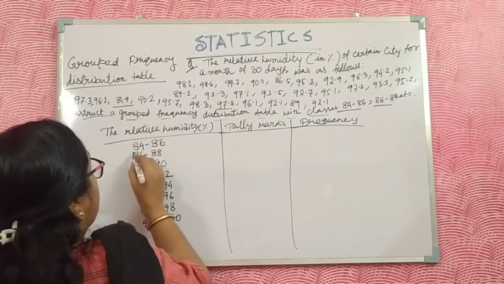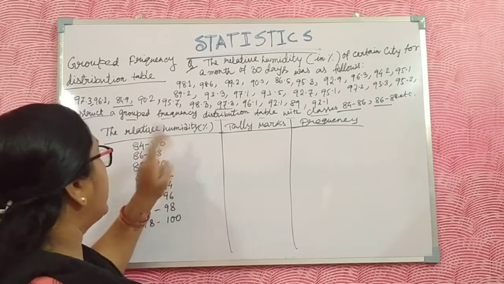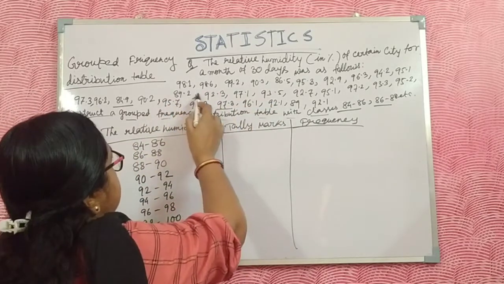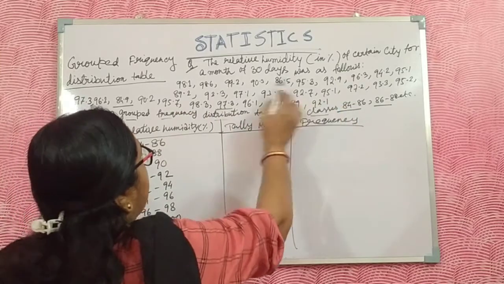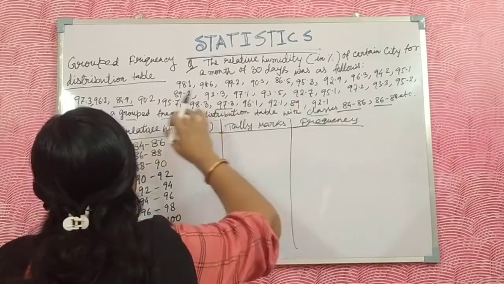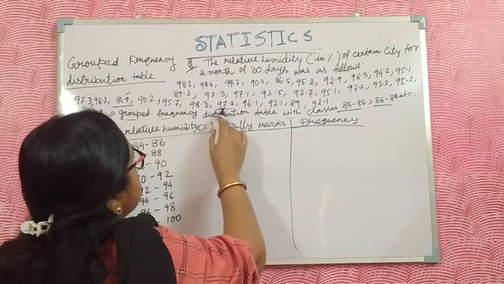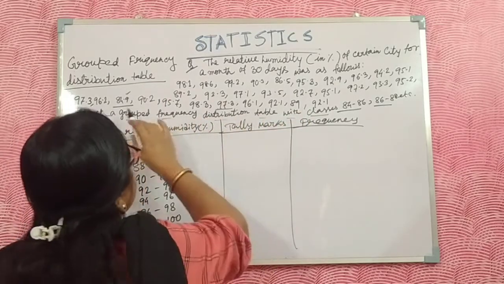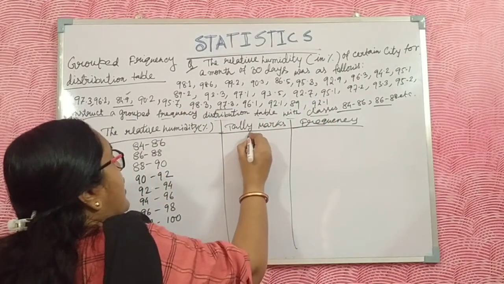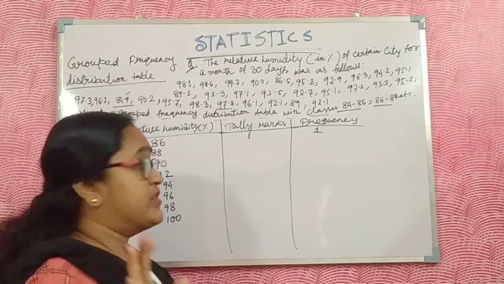Now you count the humidity values. Take 84 to 86: how many values are present here? 86.5 is greater than 86, so it is not included. Only one value falls in 84 to 86, so the frequency is 1.